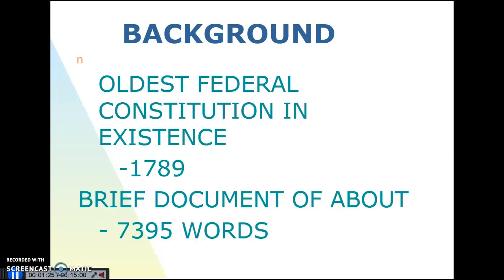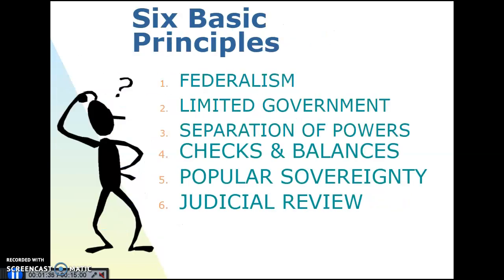So there's 6 basic principles we're going to touch base on before we get into the nuts and bolts of Article 1. First one is federalism. Again, federalism, hopefully we know this already. This is power divided between a federal government and a local government.